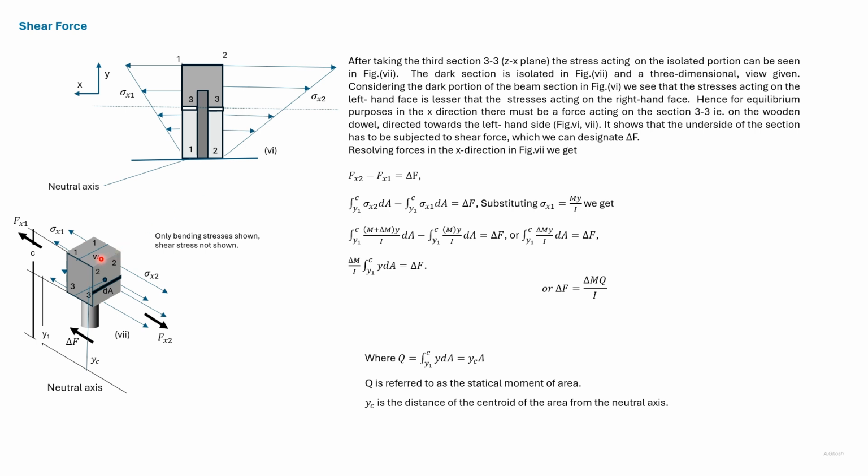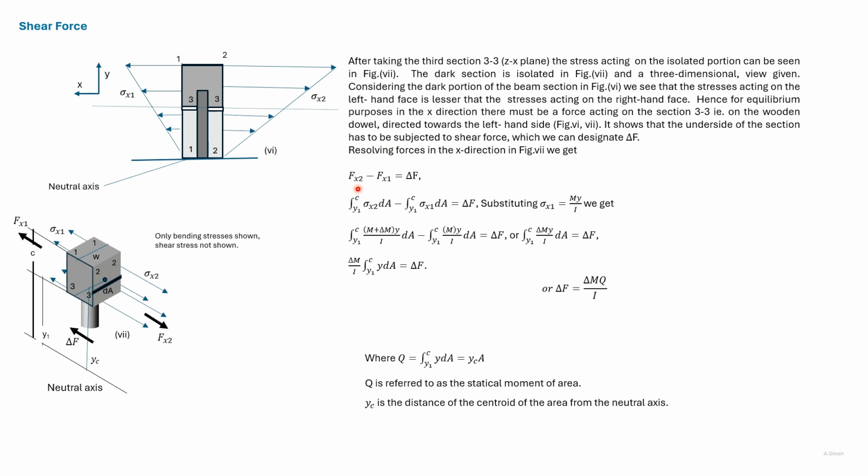Let this top surface be at a distance c from the neutral axis. And let the section 3-3 be at a distance y1 from the neutral axis. We consider the area of this thin element as dA.